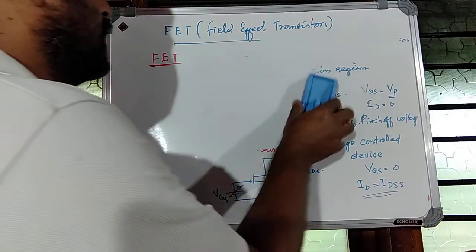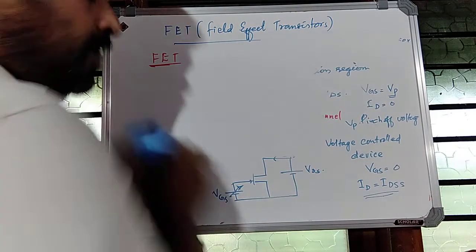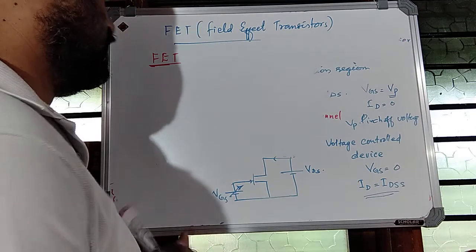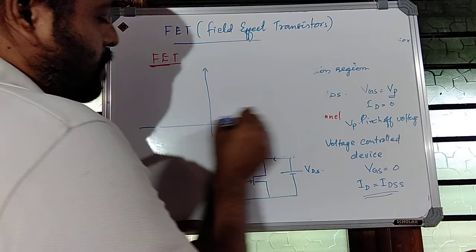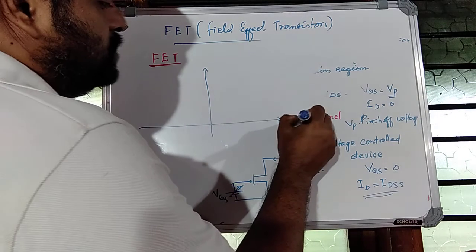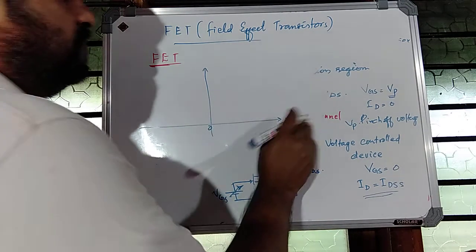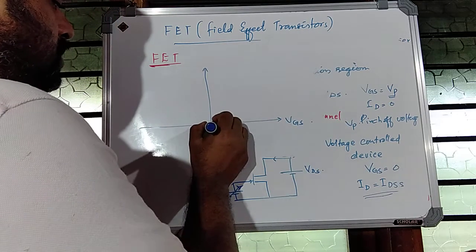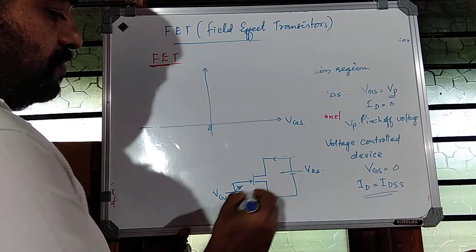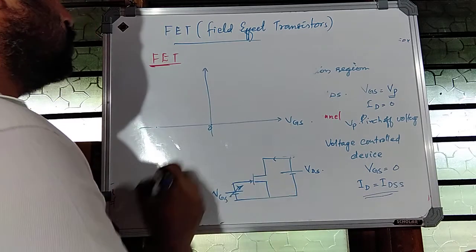So we can draw the characteristics of a FET. This is VDS, and VGS. VGS is always taken negative for this type of N-channel device.